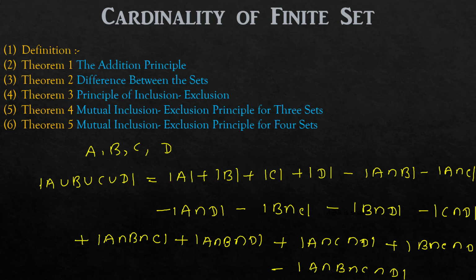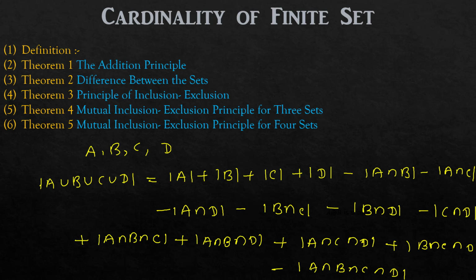Number of A union B union C union D is equal to number of A plus number of B plus number of C plus number of D minus number of A intersection B minus A intersection C minus number of A intersection D minus number of B intersection C minus number of B intersection D minus number of C intersection D plus A intersection B intersection C plus number of A intersection B intersection D plus number of A intersection C intersection D plus number of B intersection C intersection D, and the last term is minus number of A intersection B intersection C intersection D.